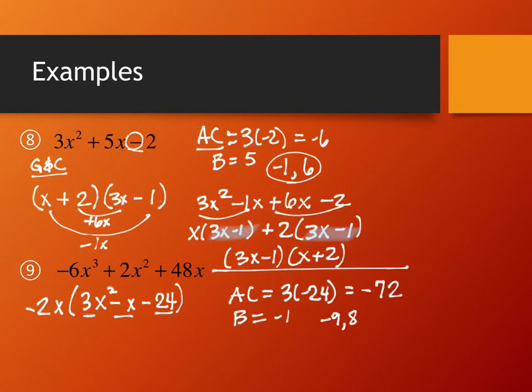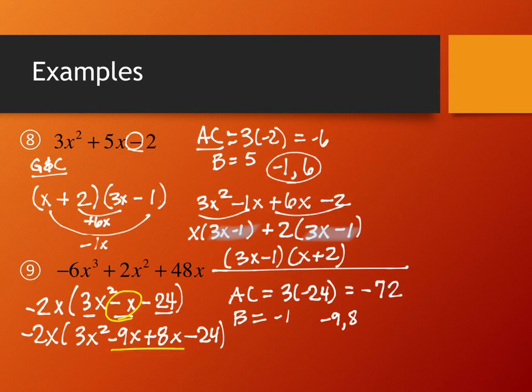So over here, my negative 2x stays on the outside. And then I'm going to have negative 9x and positive 8x in whichever order you like, minus my 24. I'm rewriting this negative x in the middle as the negative 9x and the positive 8x, which is equal to what it was, just expressed differently. So I have negative 2x, and then these two have a 3x in common.